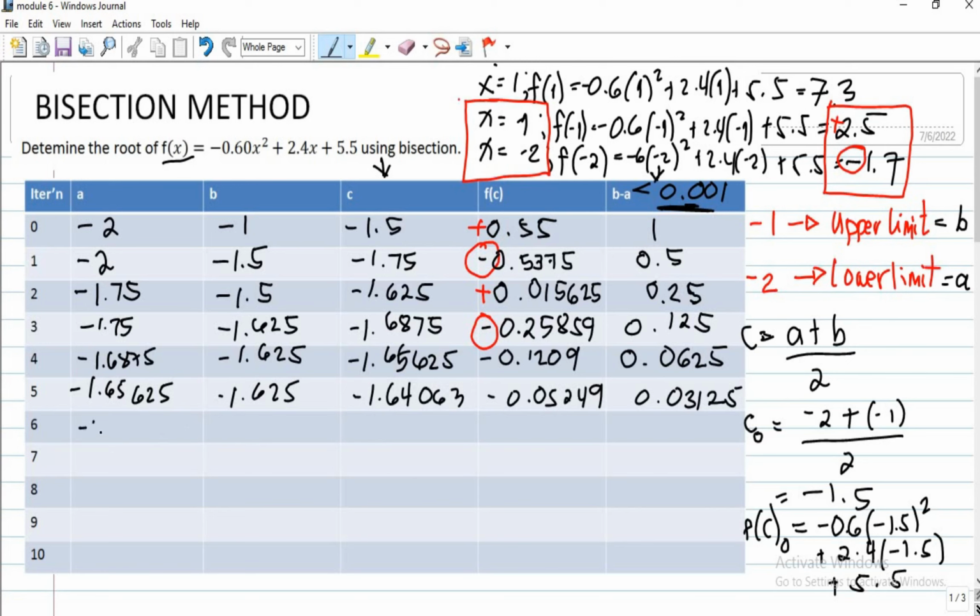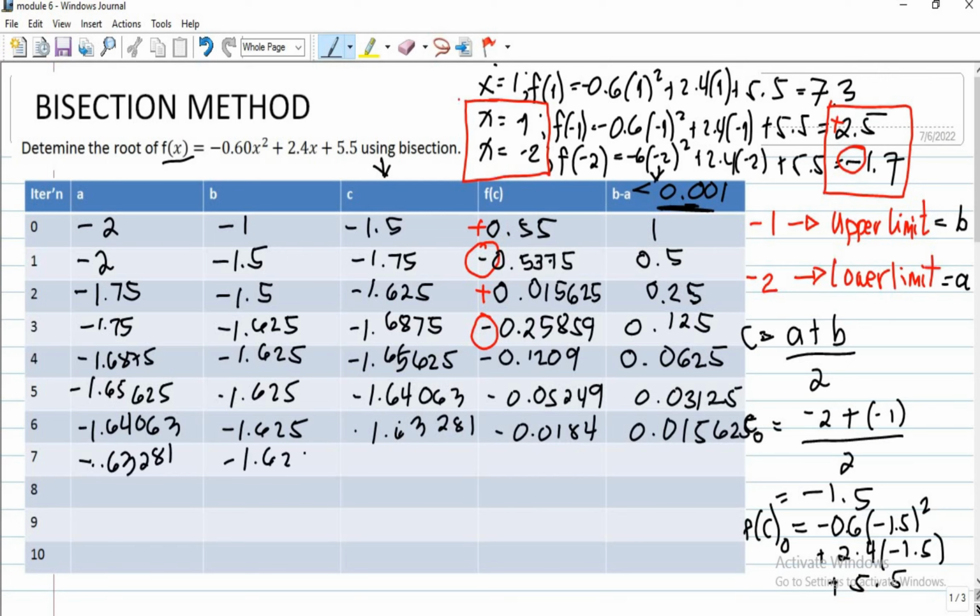And I'm in my iteration 6. My iteration 7. Sorry. It's negative.